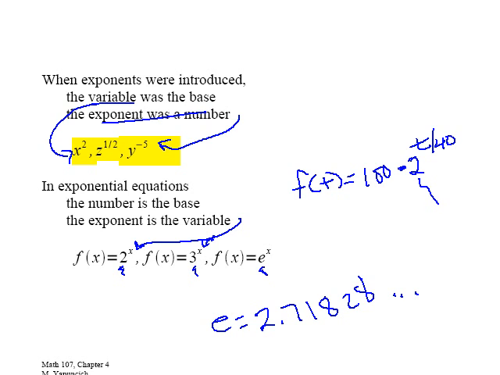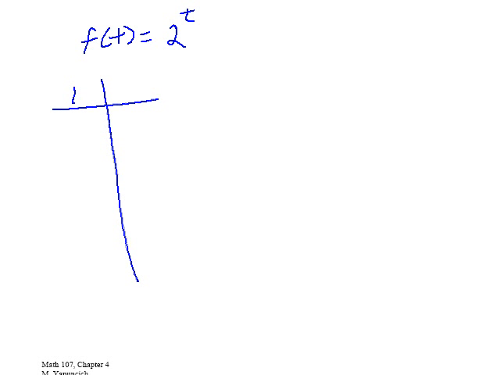Okay, again, the base is a number, in this case 2, and the exponent contains the variable. When you evaluate these exponential equations, there's a certain characteristic pattern depending on the base. So if I have, let's say, f of t equals 2 to the t, and then I work up this calculation, here's t, and here's 2 to the t. When t is 0, that's 2 to the 0, which is 1, because anything to the 0 power is 1.